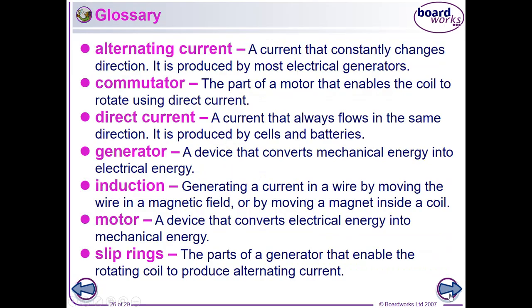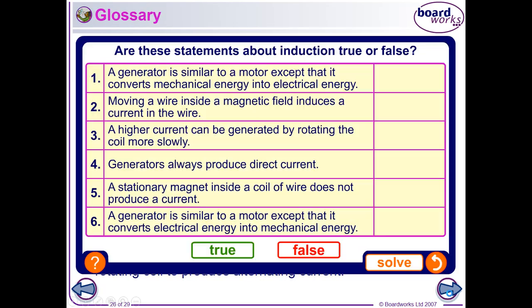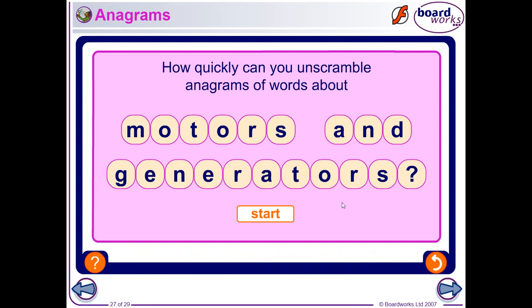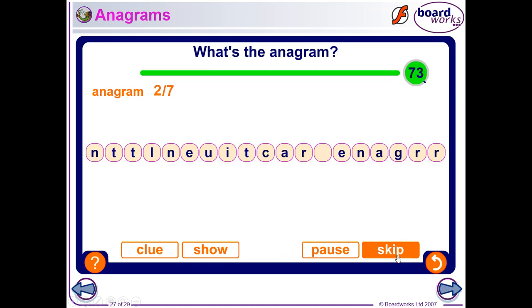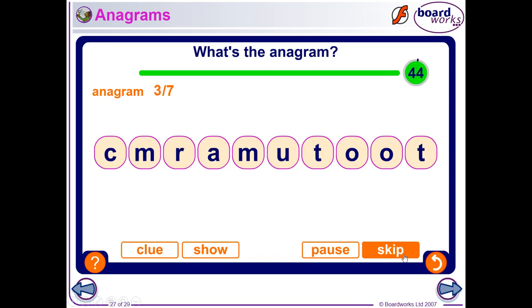And then the summary. Okay, we've got some key words. We've got a bit of a game here, unscrambling words. So there's the first one. I won't tell you what the answers are. Second one, pause the video. Third one, pause the video.